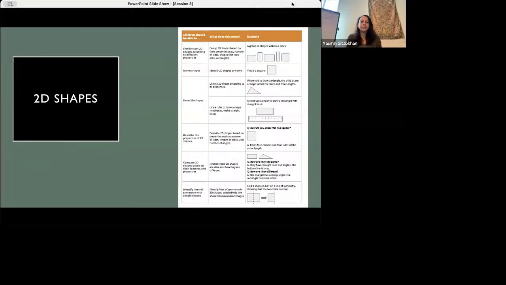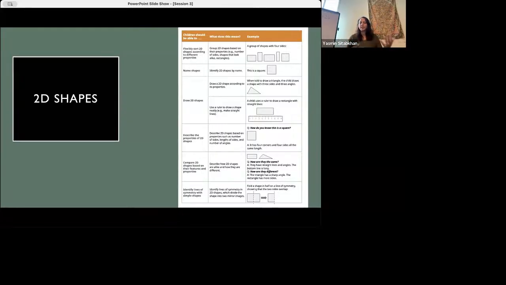Let's talk about 2D shapes and what children learn about 2-dimensional shapes. So they flexibly sort 2-dimensional shapes according to properties, right? Even before you tell them the names of the shapes, you might give them a whole bunch of different shapes and say, let's put all the shapes with 3 sides over here, and all the shapes with 4 sides over here, and all the shapes with 5 sides in a group.